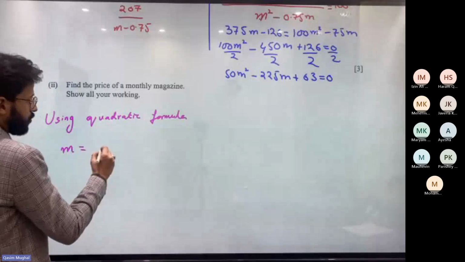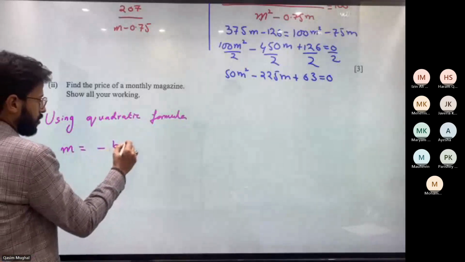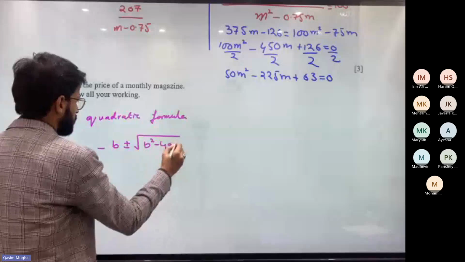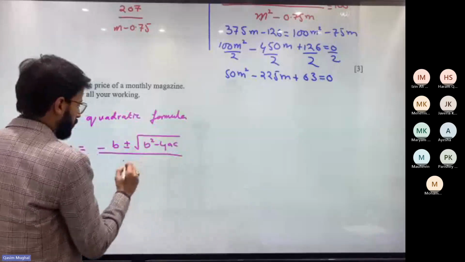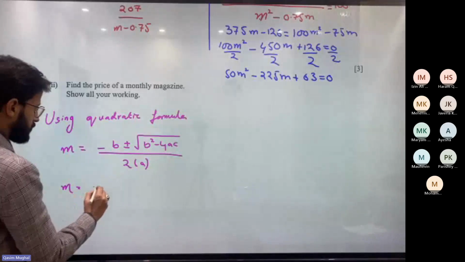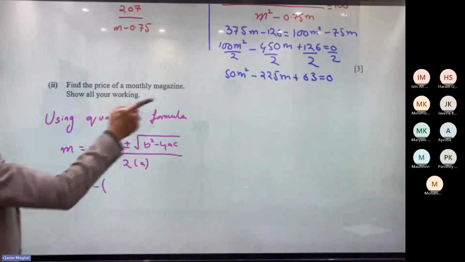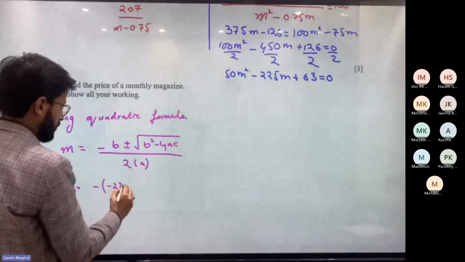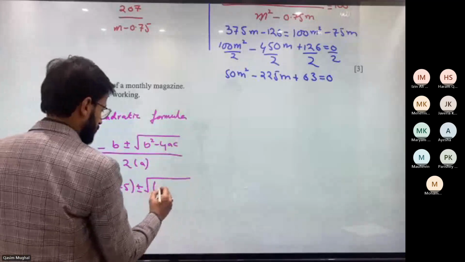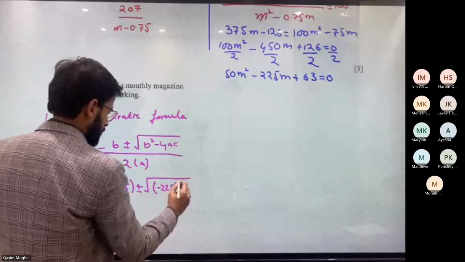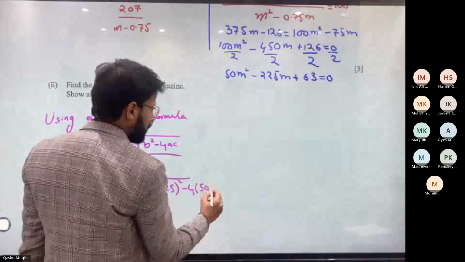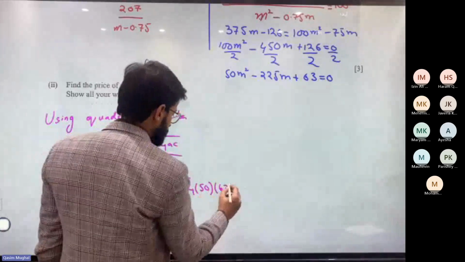So m is equal to minus b plus minus the square root of b squared minus 4ac, whole divided by 2a. M equals minus, value of b is negative 225. Value of a is 50 and the value of c is 63.